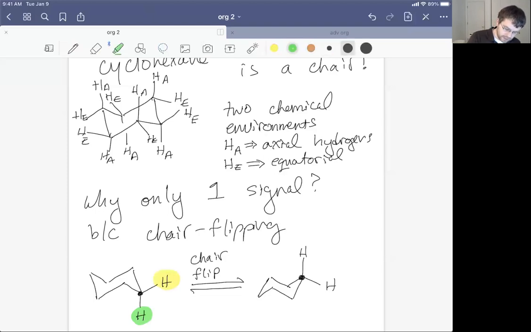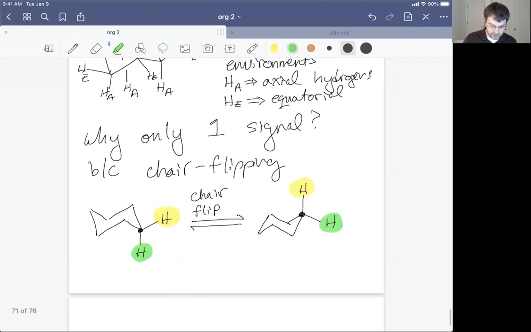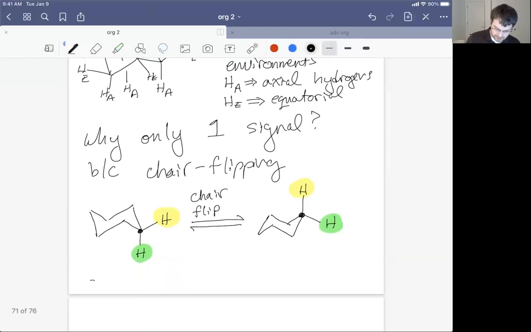Even though the yellow started equatorial, when you do a chair flip, you flip every position from axial to equatorial and equatorial to axial. So the yellow is still on top, still the more upward facing group, but now it is axial instead of equatorial as a result of the chair flip. What this says is that sometimes yellow is axial and sometimes it's equatorial.